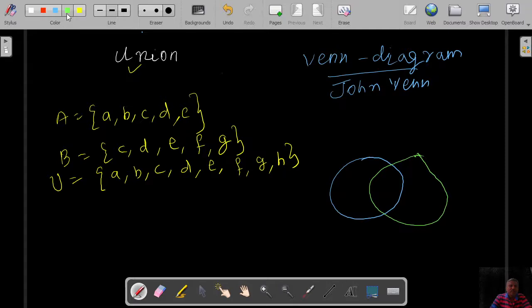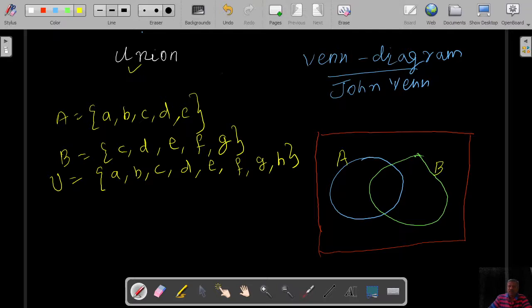Then I will draw the universal set, taking the space outside. This is for set A, this is for set B, and this is the universal set.